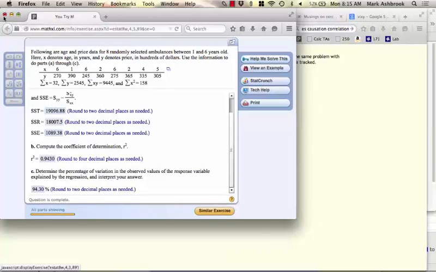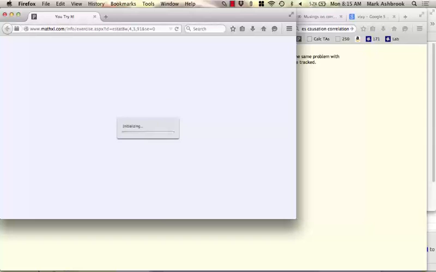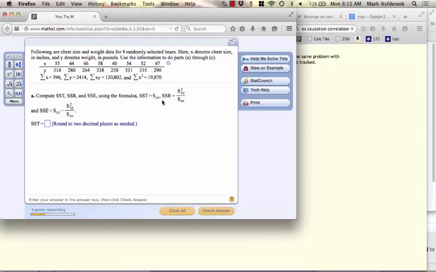Let's do one more example here. This one is about our bears, chest size and weight. Okay, let's do this one.